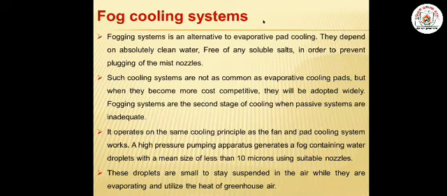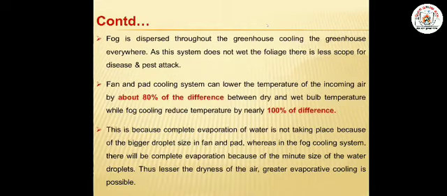As the fog cooling system generates very fine particles that stay suspended in the air, evaporation is very efficient compared to the water droplets generated in the fan and pad cooling system. So the fog cooling system is the most efficient and most effective.